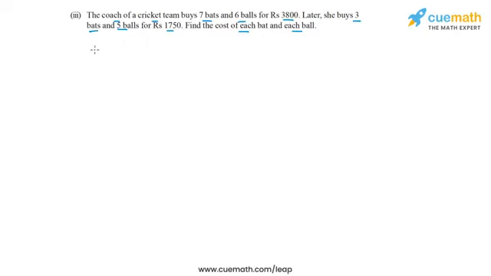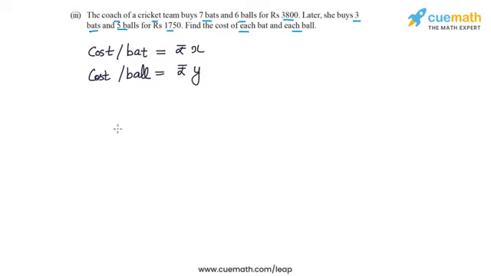So let's assume some variables for these two unknowns. Let's say that the cost of each bat, or the cost per bat, is equal to rupees x, and let's assume that the cost per ball, or the cost of each ball, is equal to rupees y.